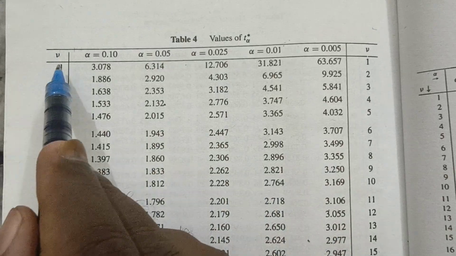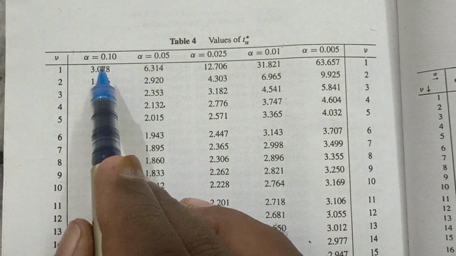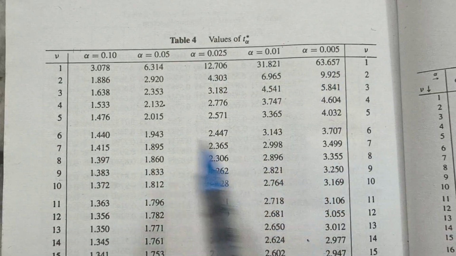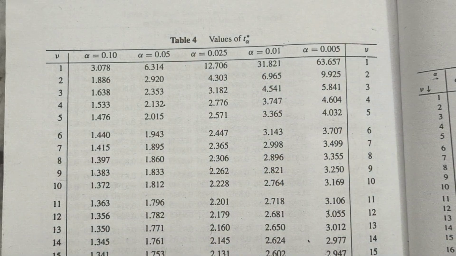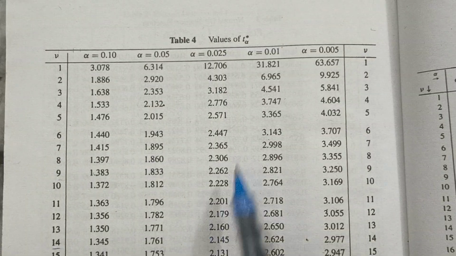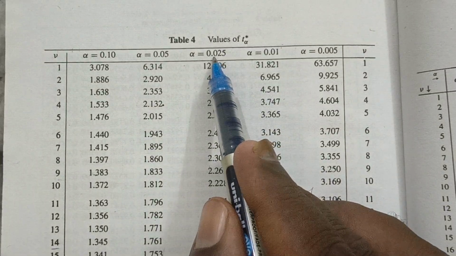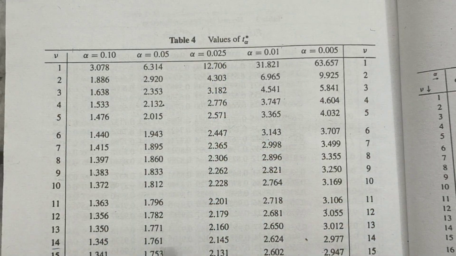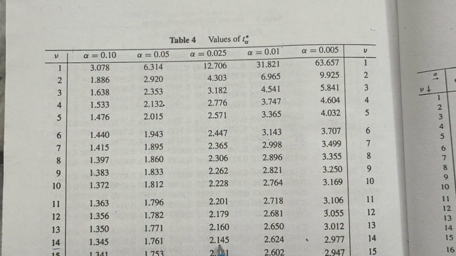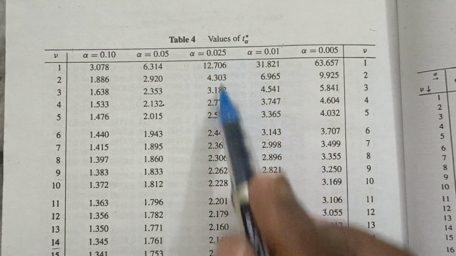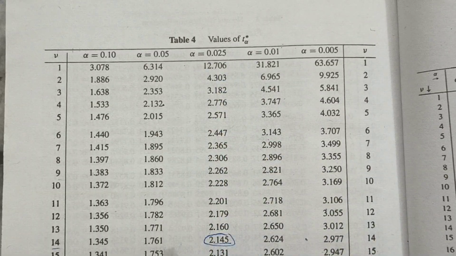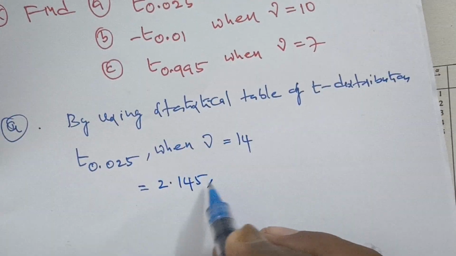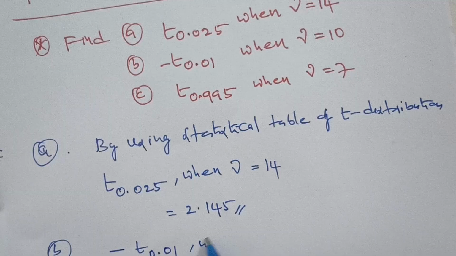These are all the body of the t distribution. The first column indicates the degrees of freedom. These are all alpha values, meaning probabilities. These are all t alpha values. Look at alpha equals 0.025 on the 14th row, it is 2.145. This is the value corresponding to nu equals 14 and alpha equals 0.025, which is 2.145.